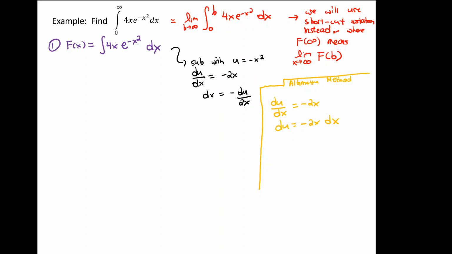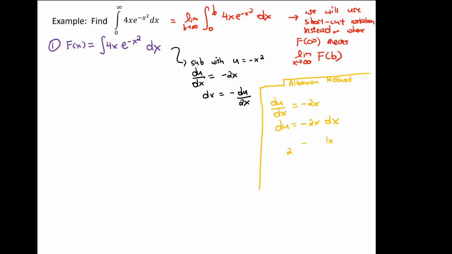That means x dx, if I divide both sides by negative 2, equals negative du over 2. And then I can replace this x and the dx. So these two pieces together can be replaced by du divided by 2. Or something else along those lines.